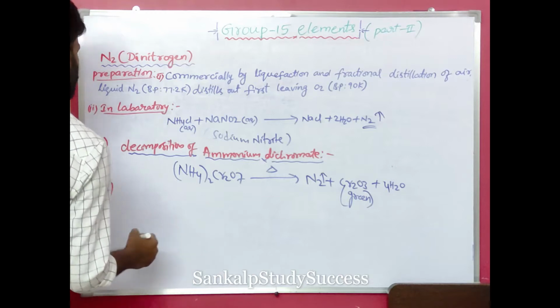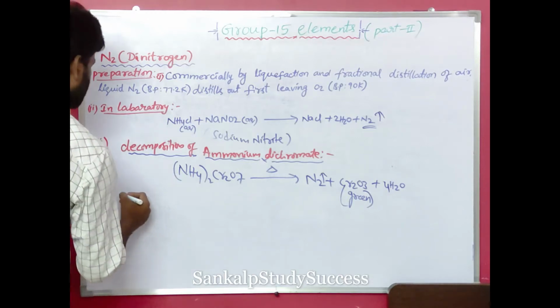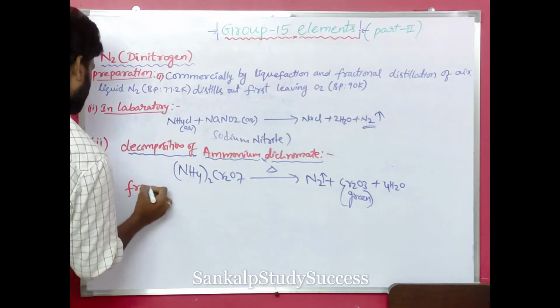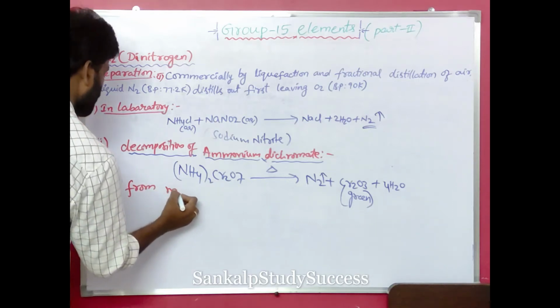In this method pure nitrogen is obtained, from metal azides.